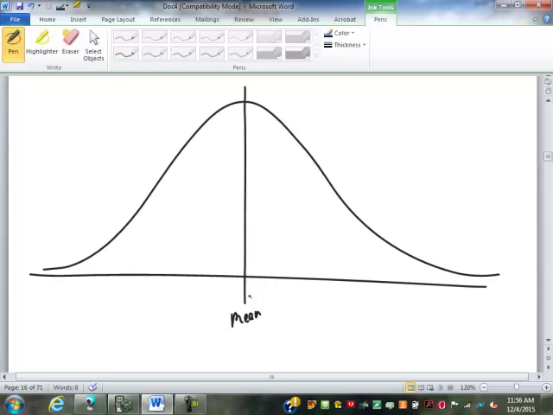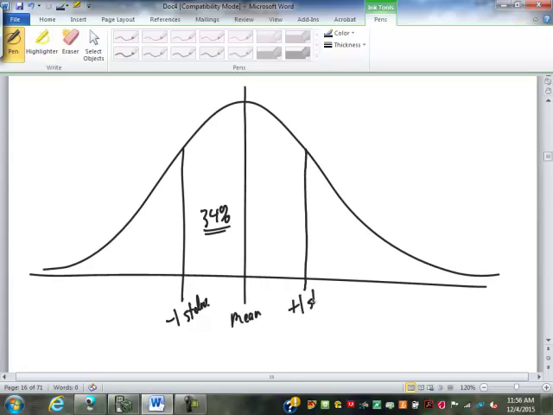Now, if I subtract one standard deviation, 34% of the data should be between the mean and that value that is one standard deviation below the mean. Since this is symmetrical, what do you think would happen if I go one standard deviation above the mean? Well, also 34%.